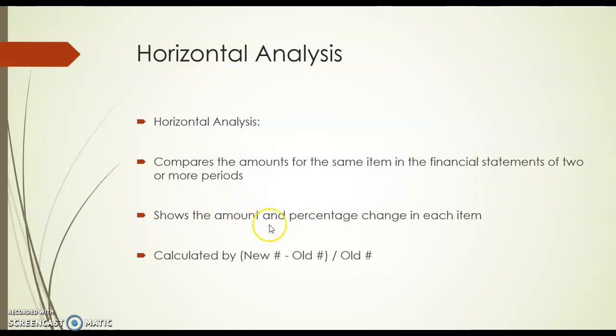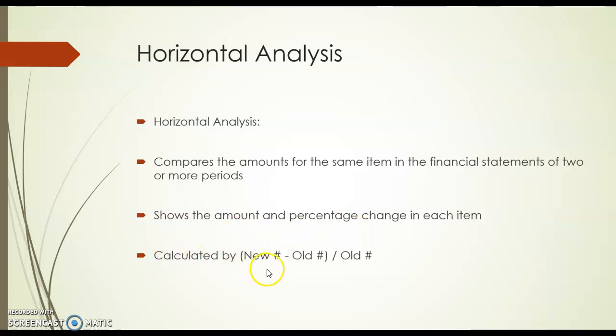It shows the total amount of change plus the percentage change. The percentage change is the main thing that we tend to look at when we're doing comparative analysis, because it puts apples to apples and oranges to oranges.